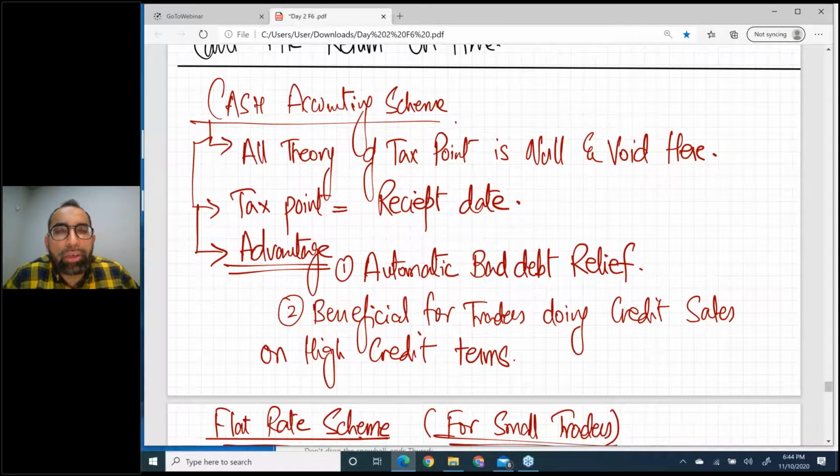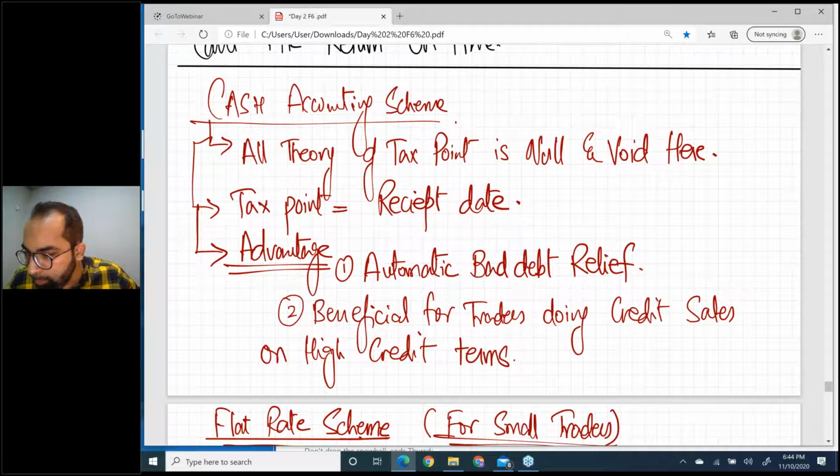Okay. So in short, let me summarize it. In short, cash accounting scheme is beneficial for those guys who are doing credit sales.